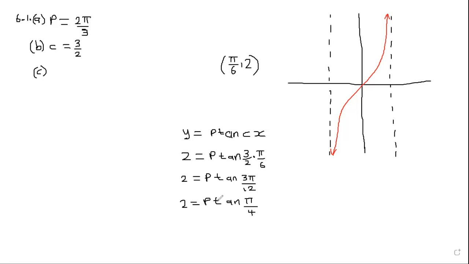Okay, now what is the tangent of pi over 4? I think we can find that as well. Let's bring out our unit circle. The tangent of pi over 4. So here is pi over 4, ne?